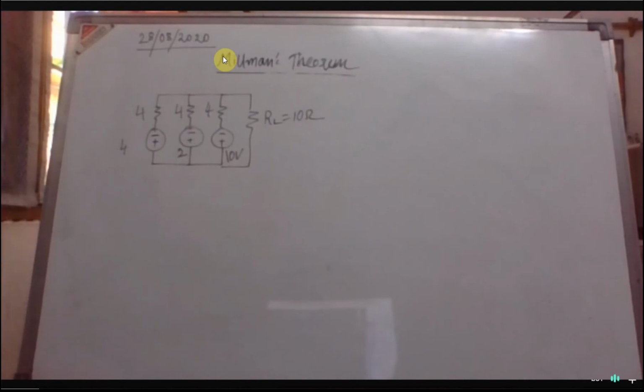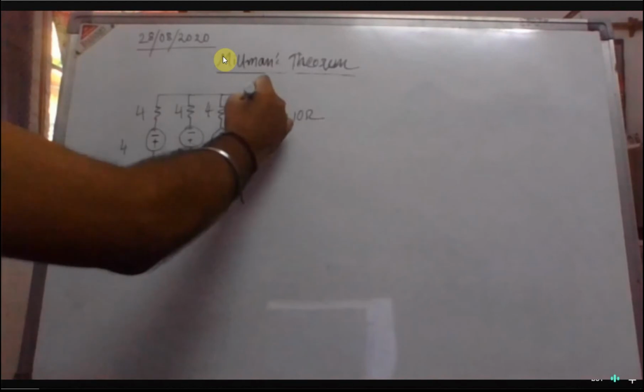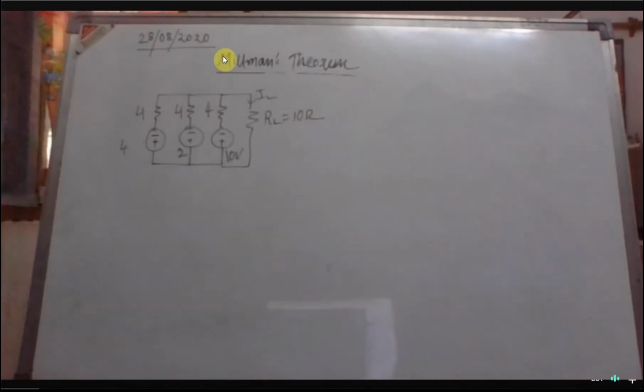For this we have to find the current through RL. That means we have to find IL using Millman's theorem.